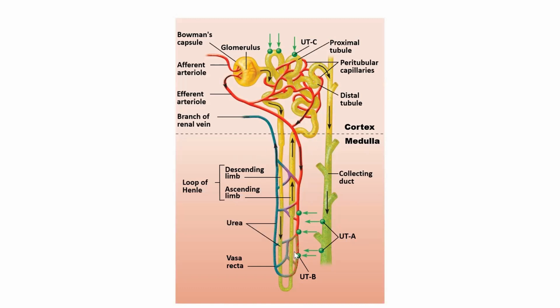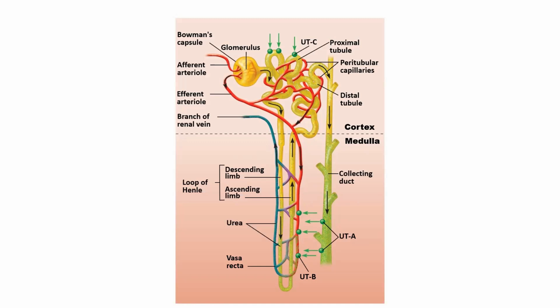So we've got the ascending limb of the loop of Henle on the other side, right? So going toward the distal tubule. This is coming into contact with the descending limb of the vasa recta. And this is where we see that urea being moved from the collecting duct back into the vasculature here to facilitate that movement of water.